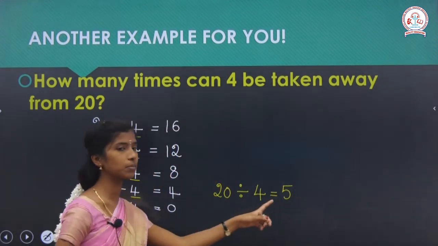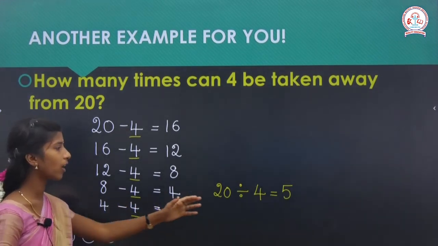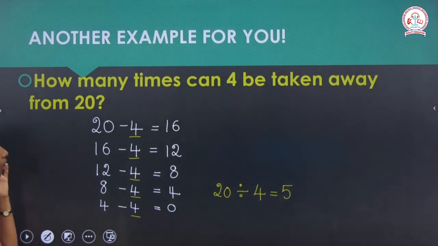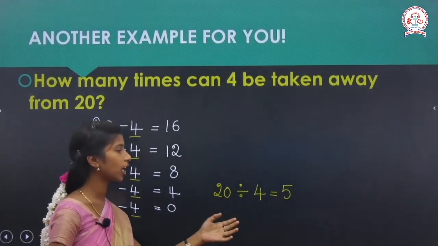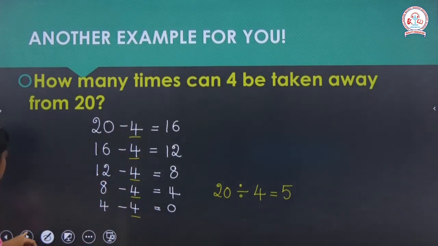So 5 times we have subtracted 4 from 20, right? So 5 is the quotient and 5 is the answer. So the answer is, how many times can 4 be taken away from 20 means it can be taken away 5 times. So this is the answer, children.